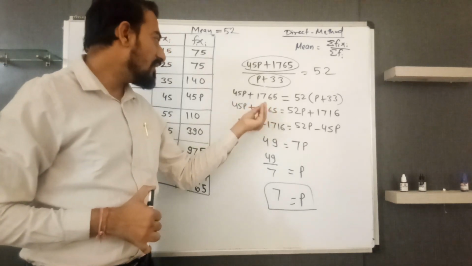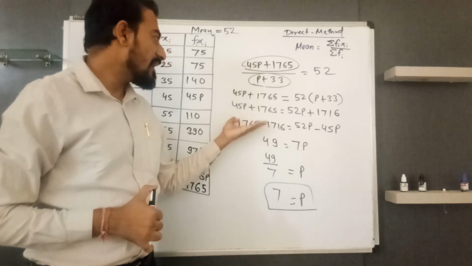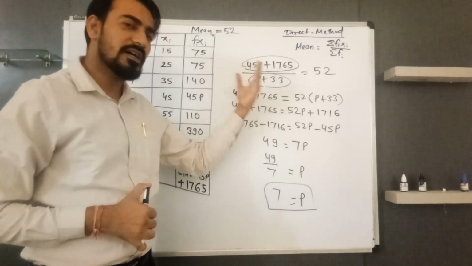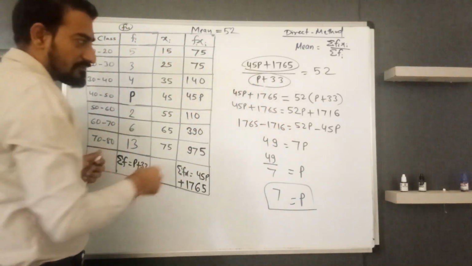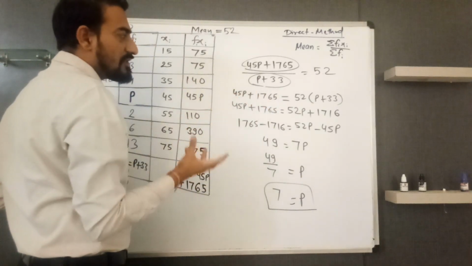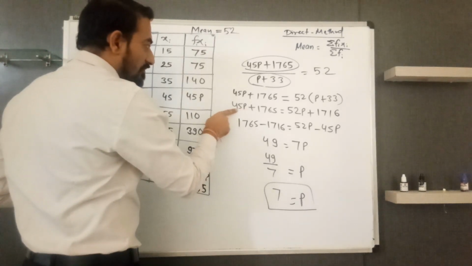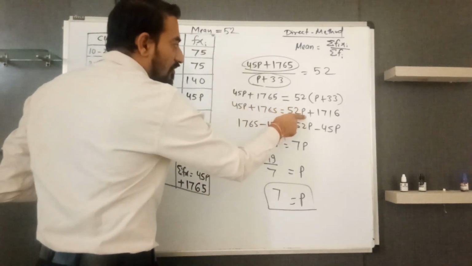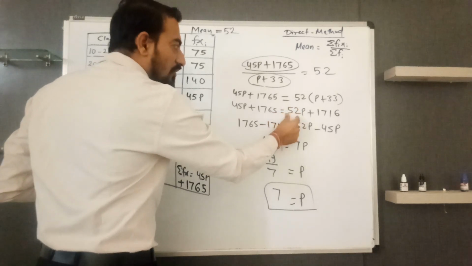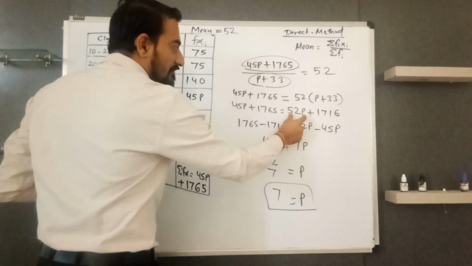Now to solve a linear equation in one variable, we need constant terms in one side and variable terms in another side. So check in which side we have larger coefficient of variable. Here the coefficient of P is 45 and here the coefficient of P is 52. So 52 times of P is larger term.